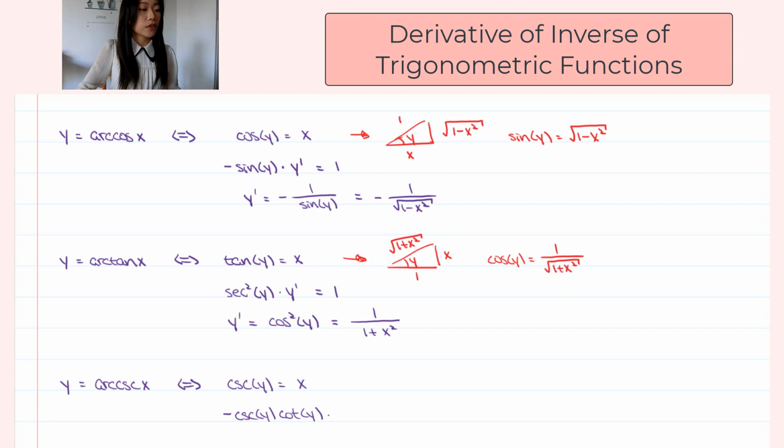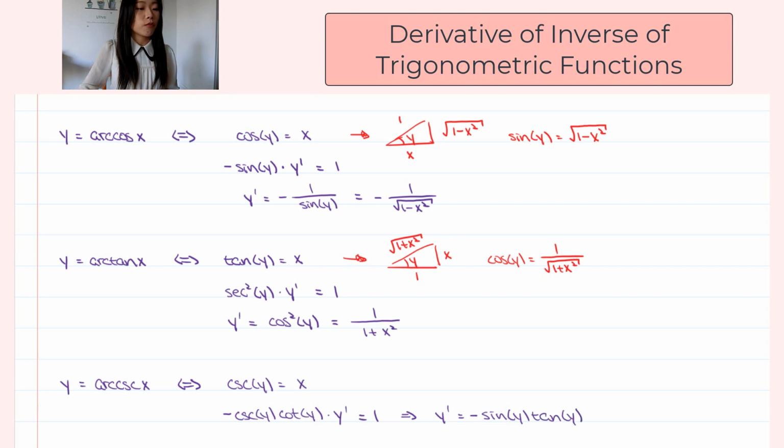And since y is a function of x, times y prime using the chain rule. And that equals 1. So y prime equals negative of 1 over cosecant times cotangent, which also equals negative of sine of y times tangent of y.